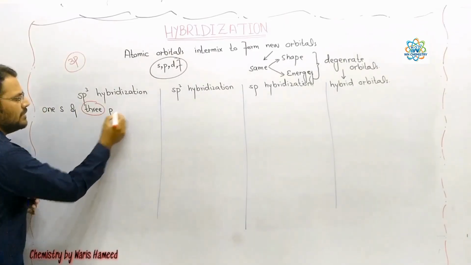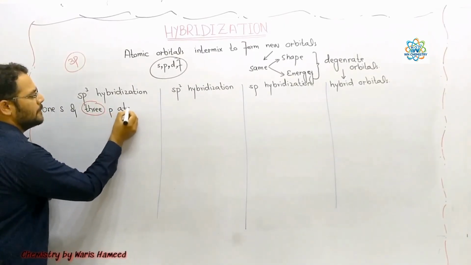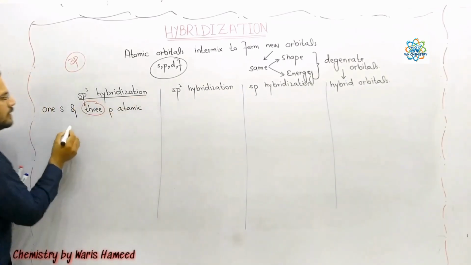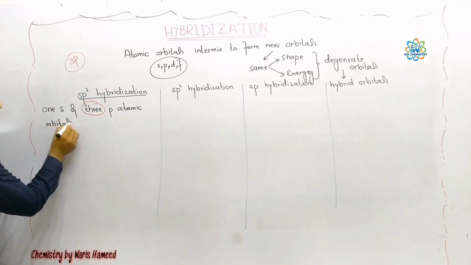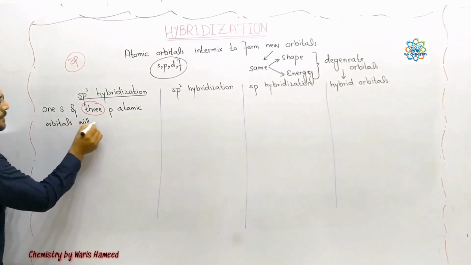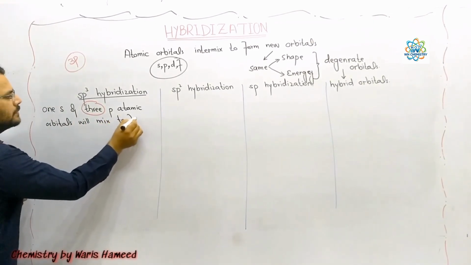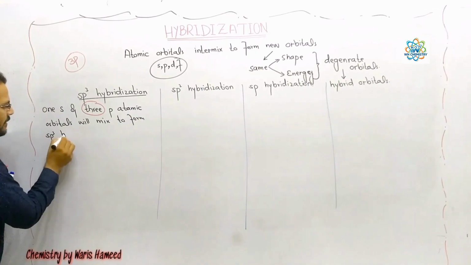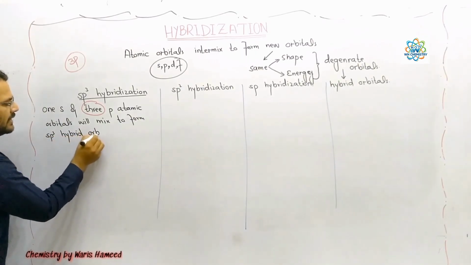One s and three p atomic orbitals will mix to form sp3 hybrid orbitals.